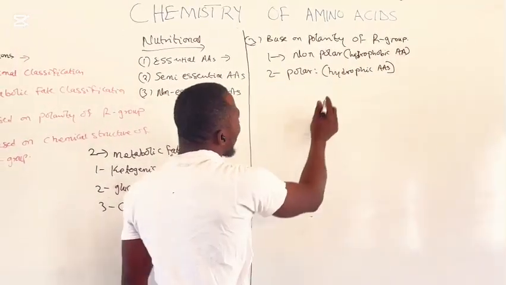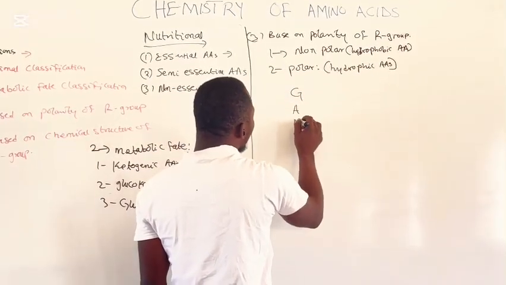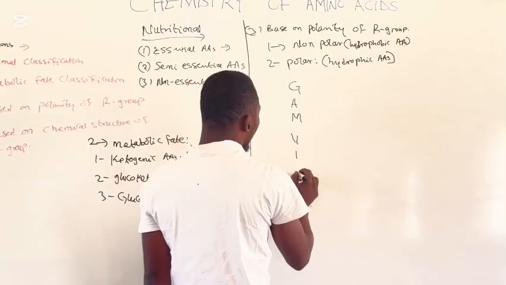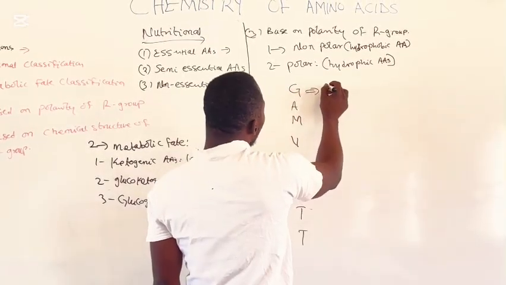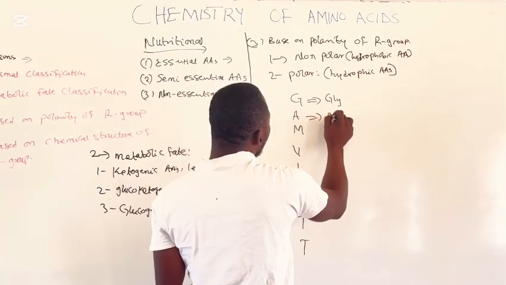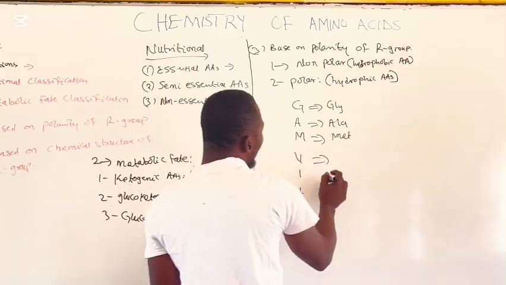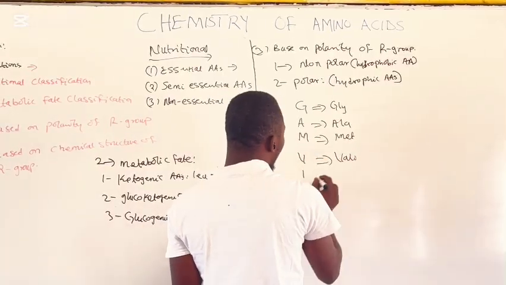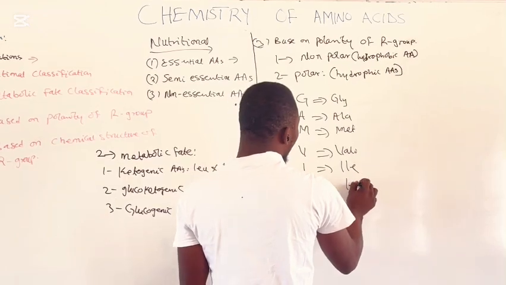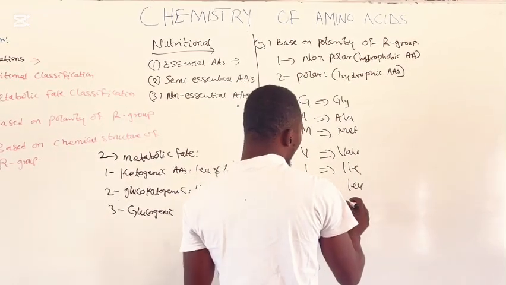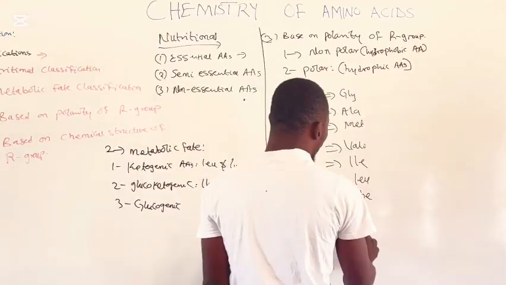The non-polar amino acids can be remembered using the mnemonic GAMEVILPT. G here is glycine, A is alanine, M is methionine, V is valine, I is isoleucine, L is leucine, P is phenylalanine, T is tryptophan.